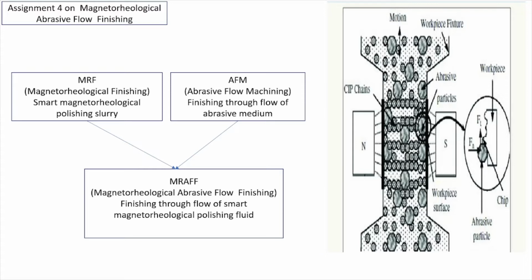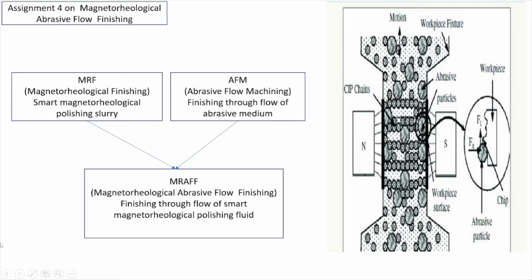Experiments were conducted in the past on, for example, stainless steel, at different magnetic field strengths to observe their effect on the final surface finish.